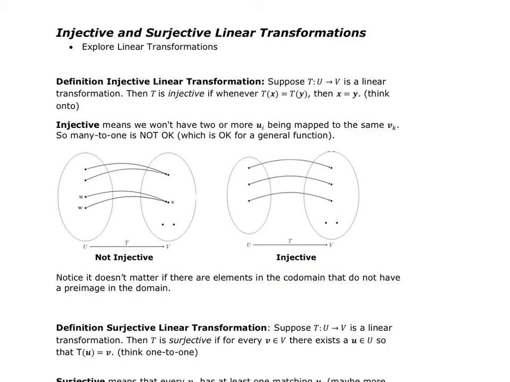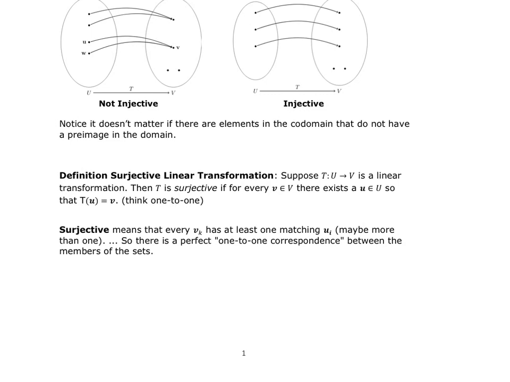Now, when we're talking about surjective, suppose that T is this linear transformation and T is surjective. Then for every element in V, there exists an element in U such that the transformation of U onto V hits that element.